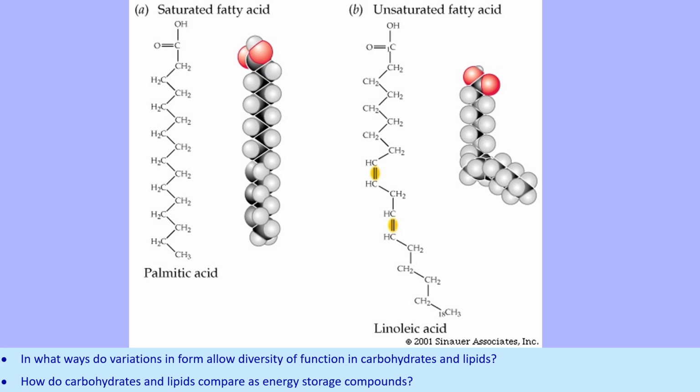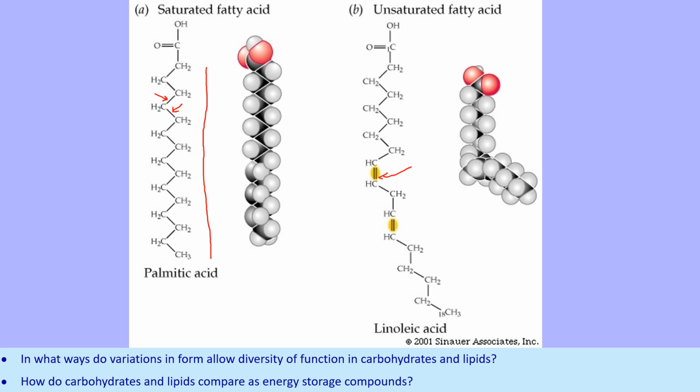Now you need to know the difference between saturated and unsaturated. Here we have a saturated molecule which only has single bonds between the carbon atoms here and here and here in the carbon chain. Because it's saturated, the chain is a straight chain. It doesn't change angles. Whereas in the unsaturated fatty acids, we have these double bonds, and these double bonds cause a kink in the tail.